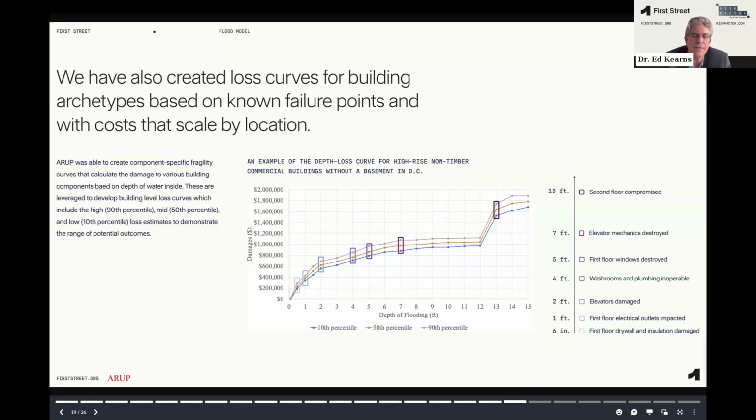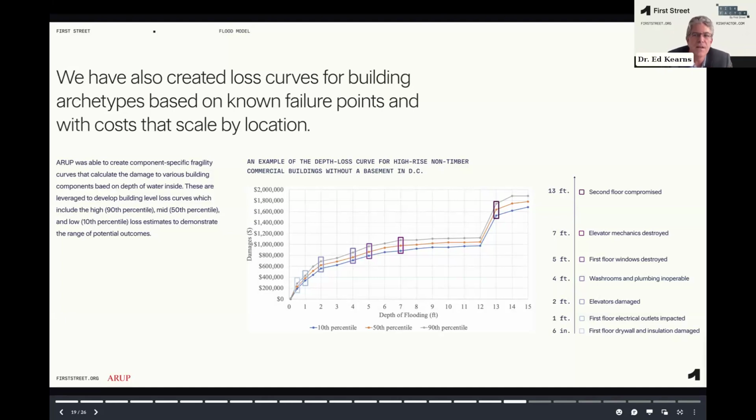So they are calculating from their experience as engineers what the cost is to repair or replace those kinds of buildings and the infrastructure in those buildings, for dozens and dozens of what they call archetypes, different types of buildings, from a warehouse to a skyscraper to a single-floor residential home to a two-story home.